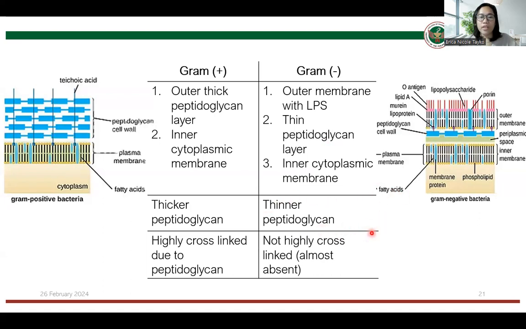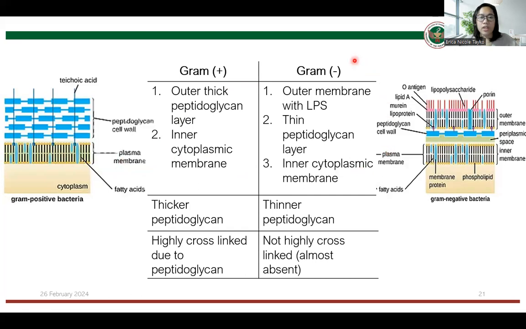Later we'll see that the peptidoglycan layer of your bacteria is the portion that absorbs or interacts with your crystal violet, the primary stain involved in gram staining. Okay? That is the main portion of your gram-positive bacteria. After your thick peptidoglycan layer, now comes your cytoplasmic membrane.